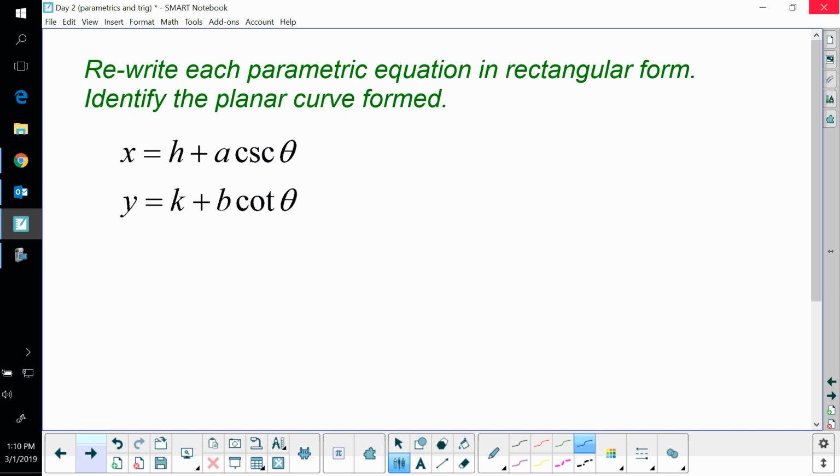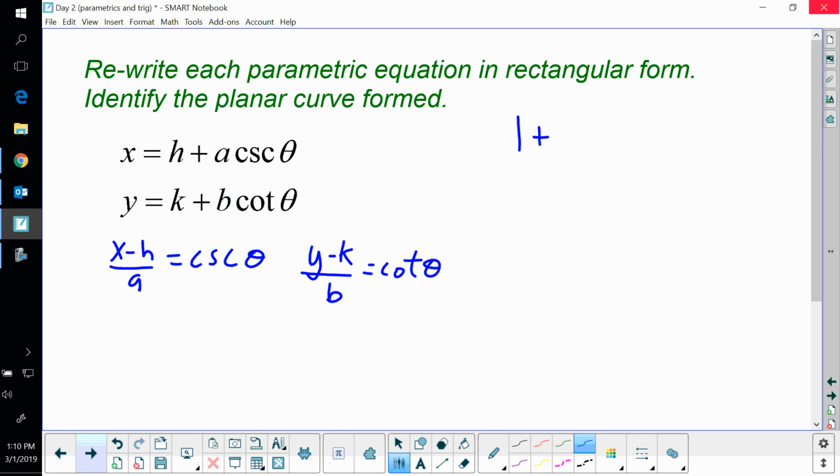And our last one, we've just got cosecant and cotangent, so we'll work to get them alone first. So we'll have x minus h over a is equal to cosecant theta. And we'll have y minus k over b is equal to cotangent theta. Now our Pythagorean property involving those is 1 plus cotangent squared theta equals cosecant squared theta.